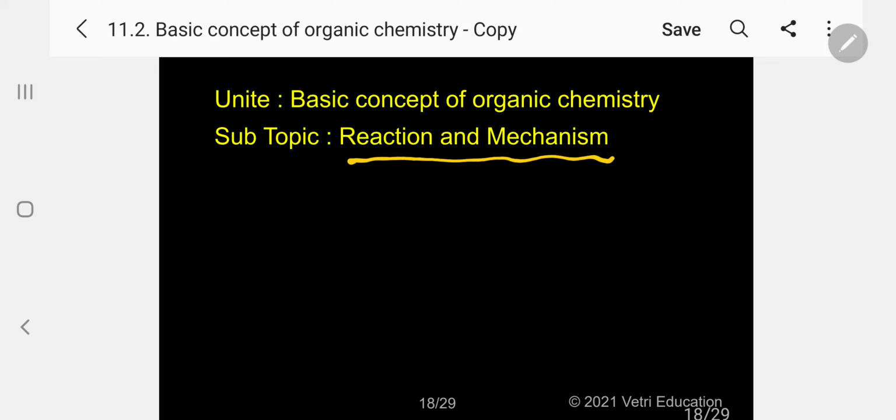So many types I can give. But from the organic chemistry point of view, I can classify them into two types. One is heterolytic reaction, another is homolytic reaction. What is heterolytic? It will produce an electrophile and a nucleophile. In homolytic, free radicals will be involved. That is the most important in organic chemistry. So here, electrophile indicates a heterolytic reaction.